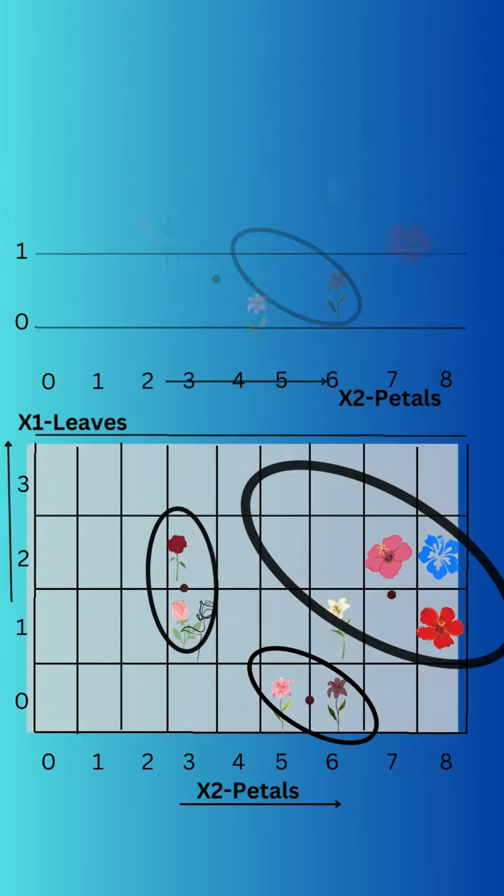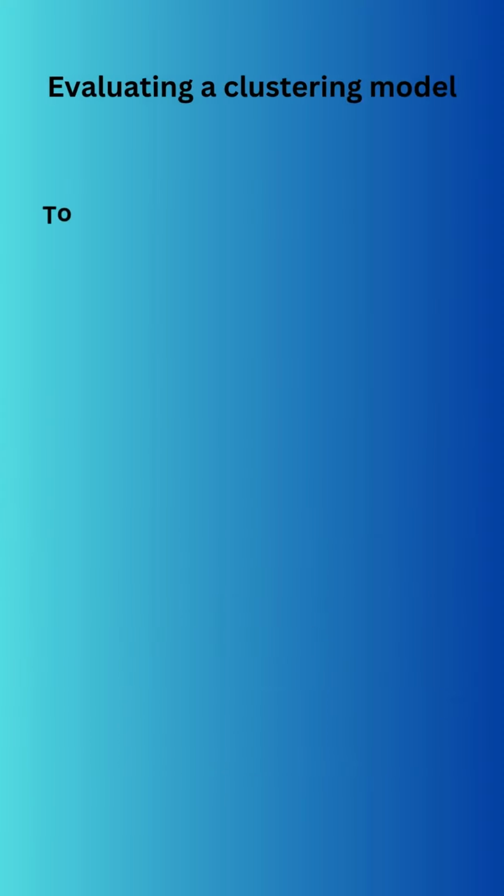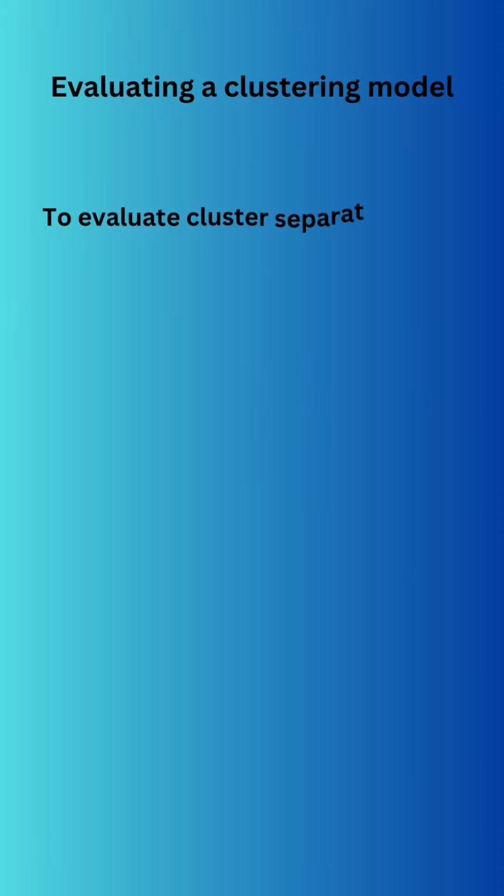Now coming to the evaluation of a clustering model. Here, we do not have any previously known value to compare with the predicted cluster assignments. So, to evaluate the cluster model, we have multiple metrics.